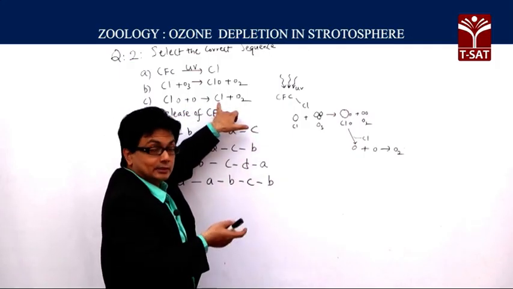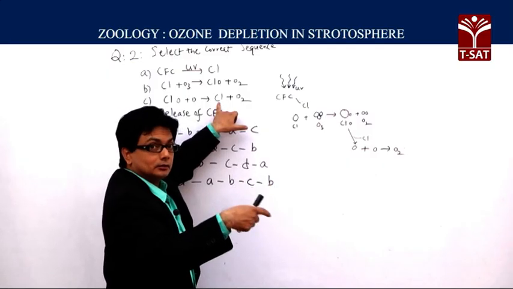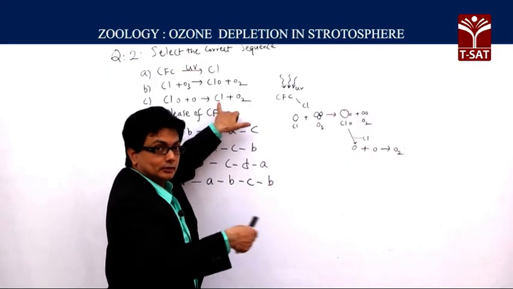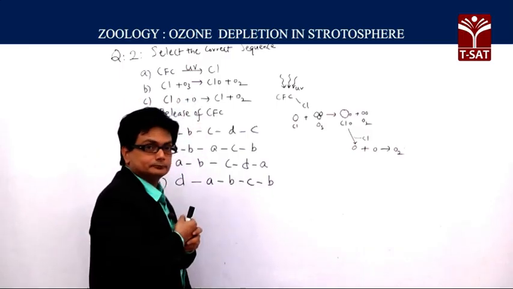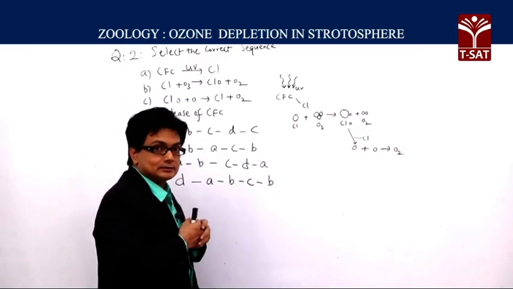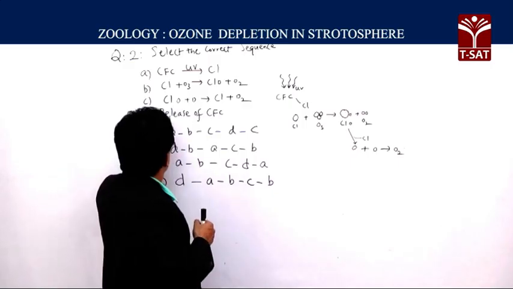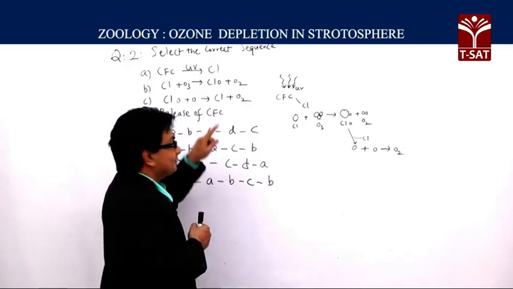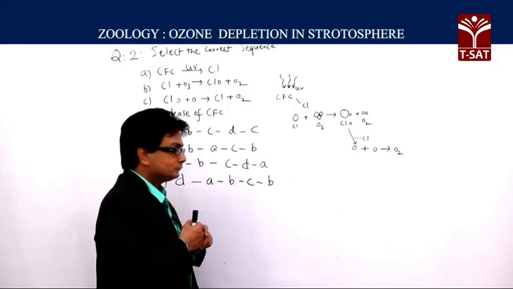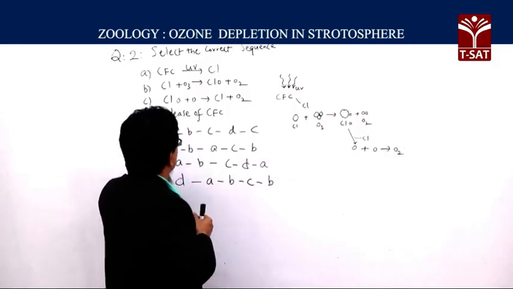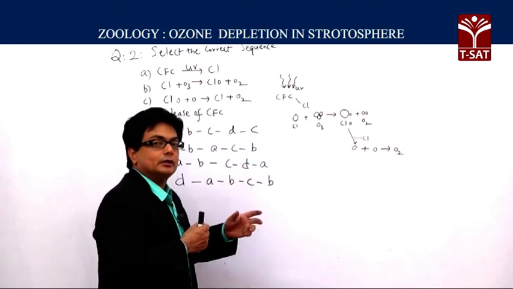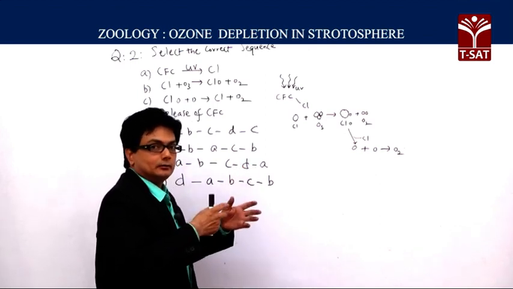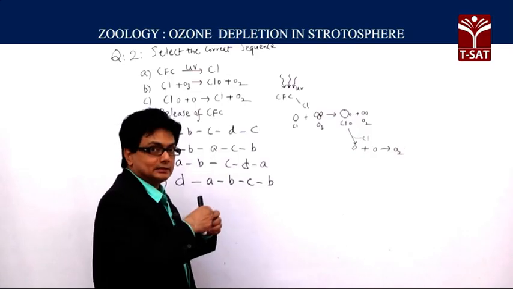Again, the Cl is ready for another round of attack on the O3. And the last is release of CFC. If this has to be put in a sequence, the very first thing is release of CFC. So it starts with D.